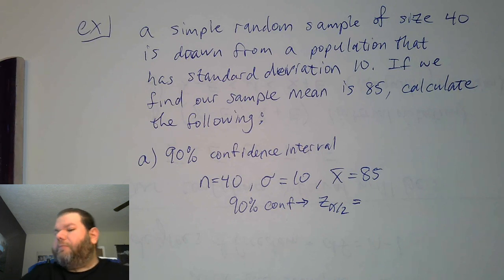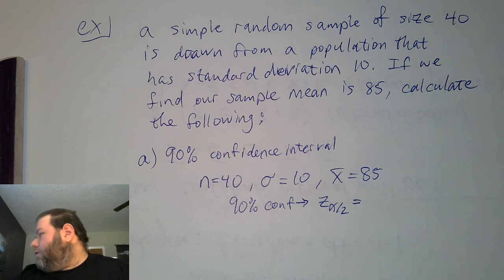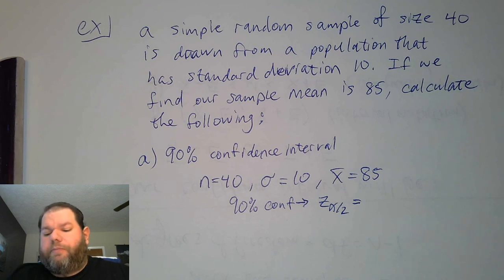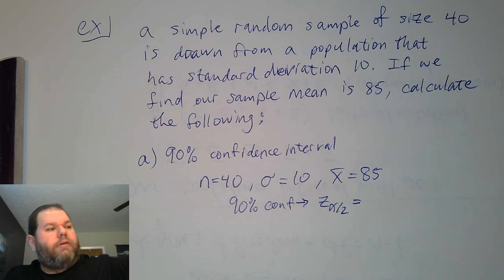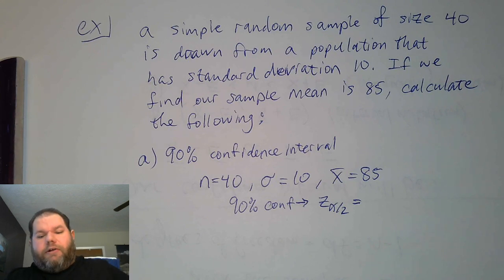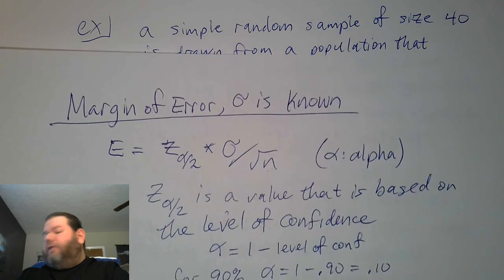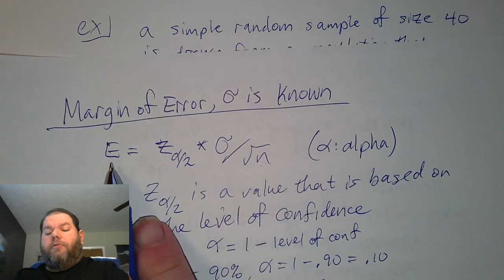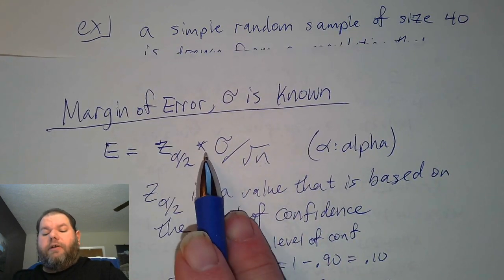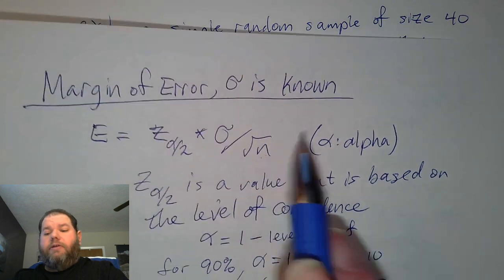Now, if we have 90% confidence and we actually know the value of sigma, remember what we said over here. Sigma is known, so we know that our error term is going to be based on z alpha over 2 times sigma divided by the square root of n.